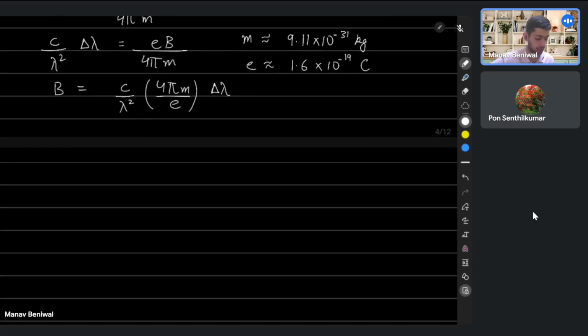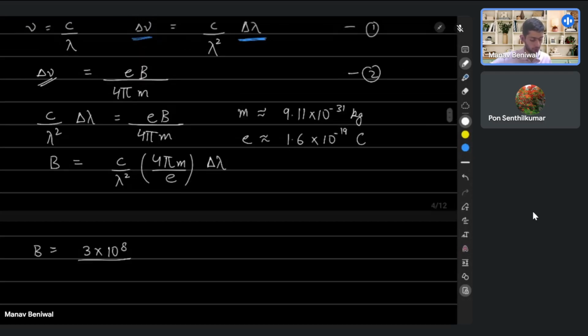So let's just do that. c is the speed of light, 3 times 10 to the 8. And now, what do we put for lambda?